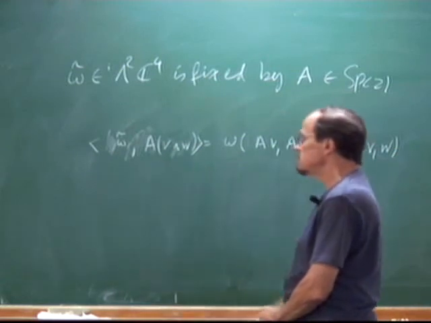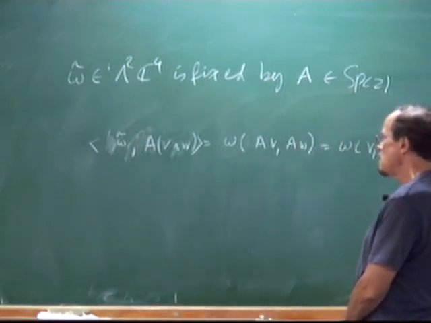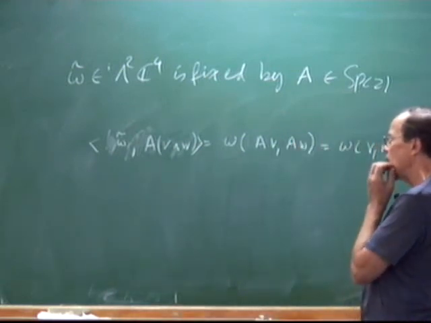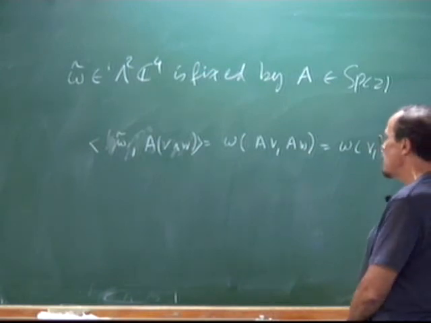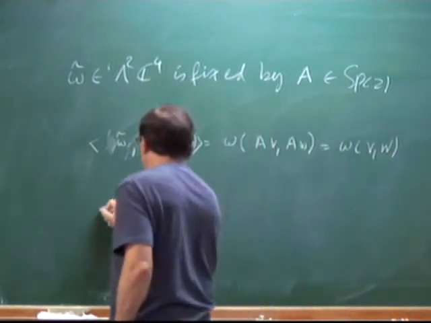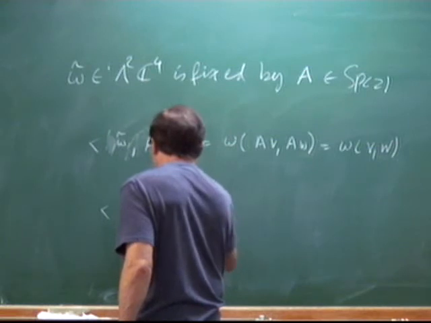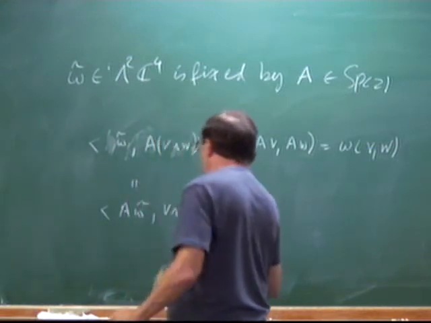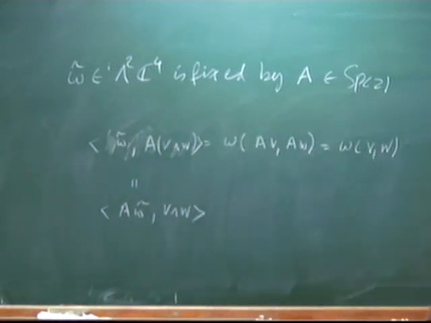This here would be the same as the induced morphism of A acting on omega bar, applied to any two vectors. Why is that? By definition of how you define the induced morphism.